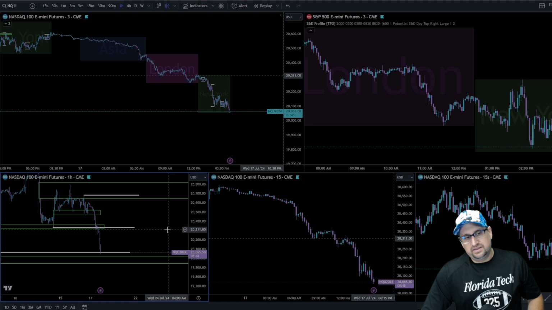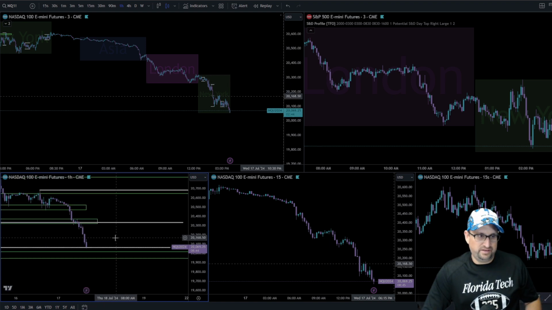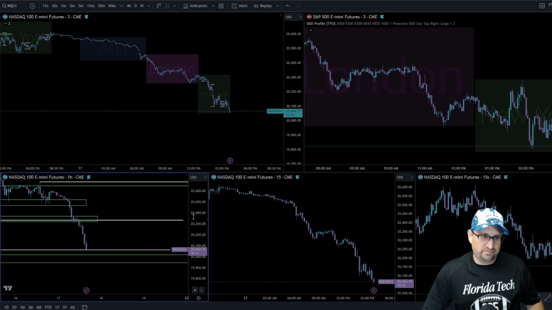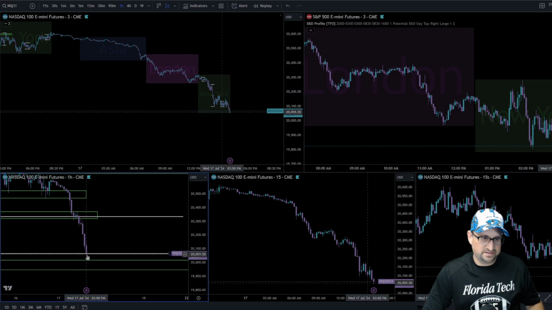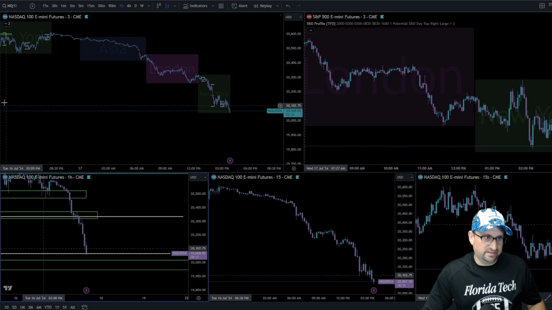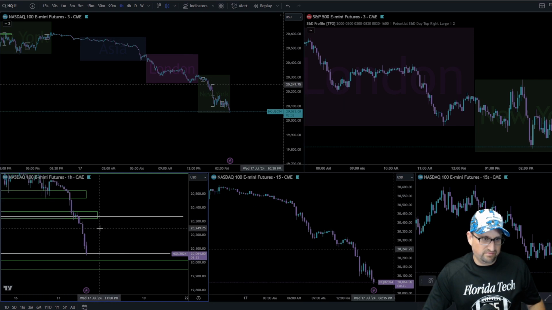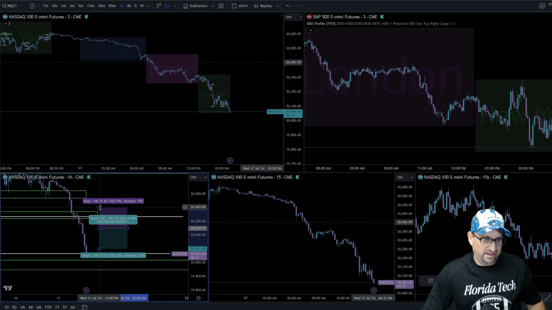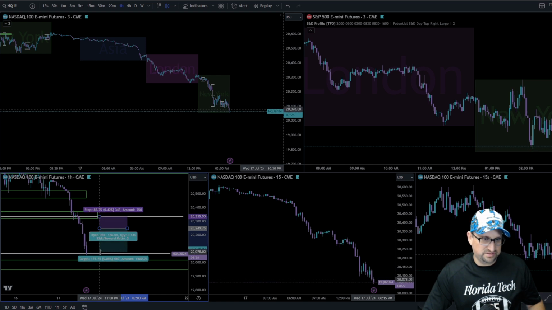Okay. The only time I will trade no man's land is if I'm being very strategic and I have a very clear move from this point of interest down to the next point of liquidity. And let's say I get into a short trade, like somewhere in here, and I'm still able to have a good enough risk to reward.